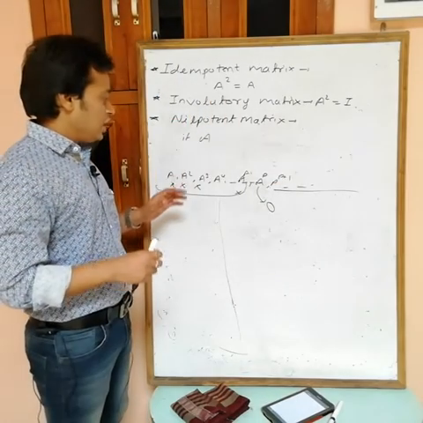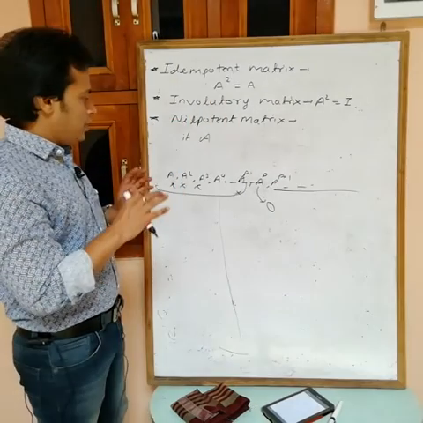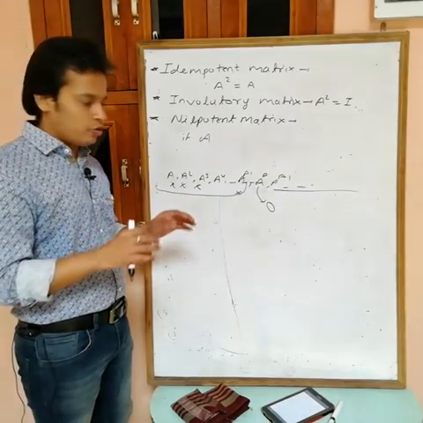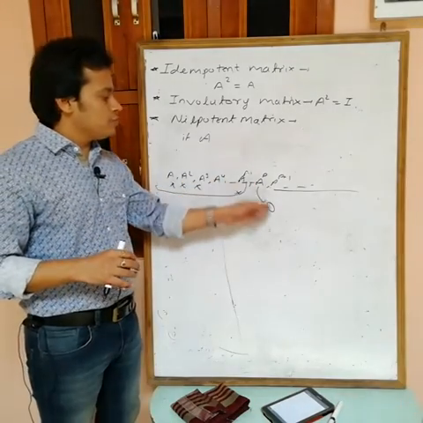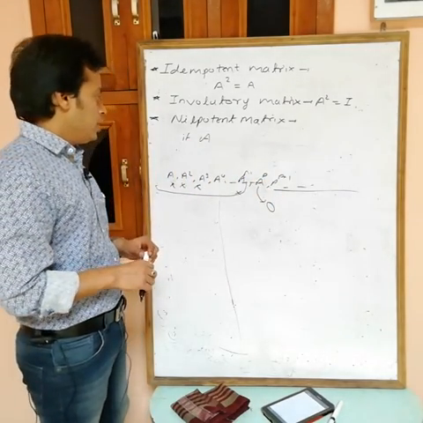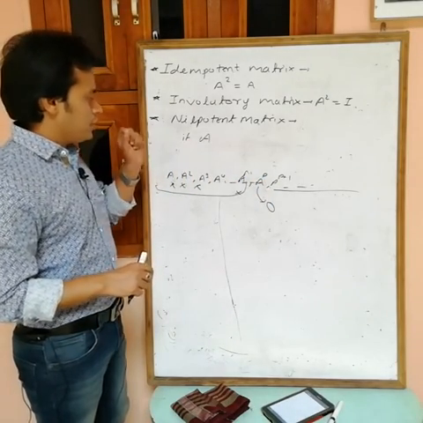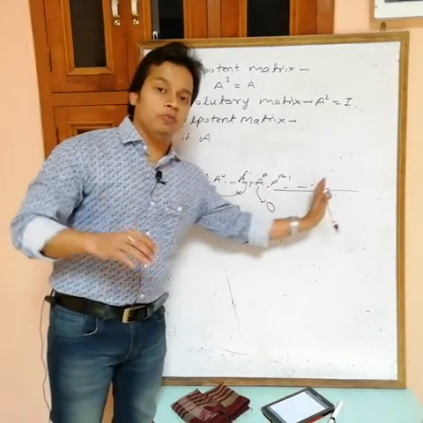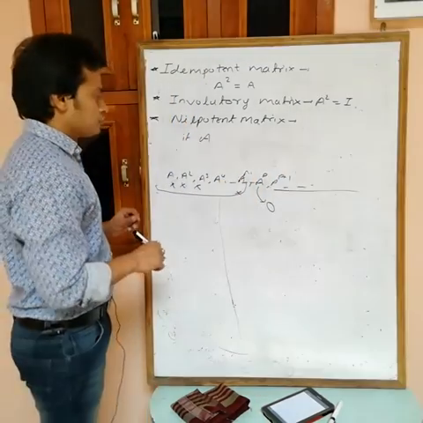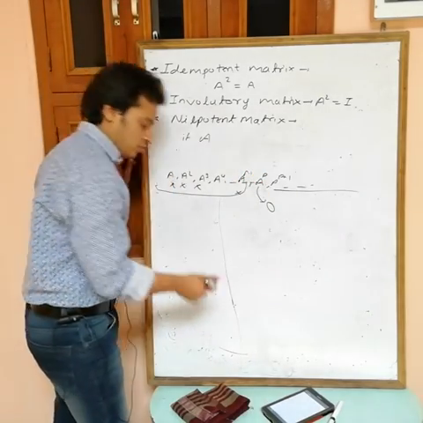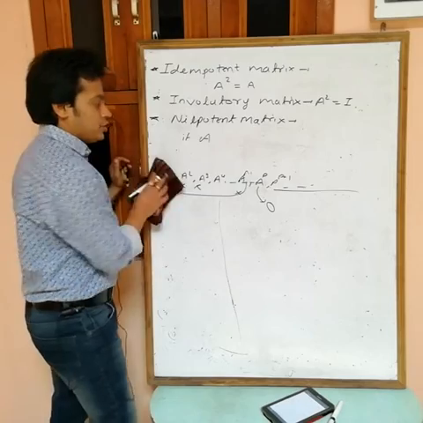So if you have a matrix in such a way that up to a fixed power we are getting non-zero matrices and A power P becomes 0, then after that you will always get all the remaining as null matrices. Then this matrix A is said to be a nilpotent matrix, where P is the index, or degree of nilpotency.